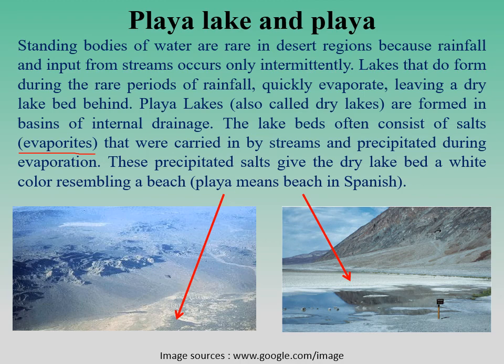So as these flatland areas in arid conditions, after the evaporation of water and deposition of evaporites, look like the modern day beach area, from the Spanish terminology the name playa is introduced, and these areas are known as playa lake or simply playa. And these are the areas where thin evaporite deposits, thin salt deposits, are often found to occur.